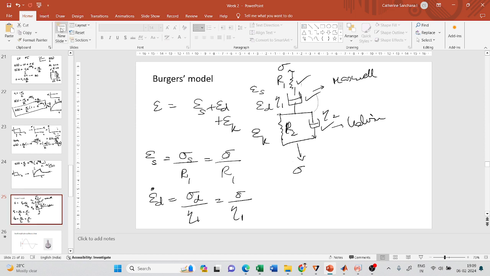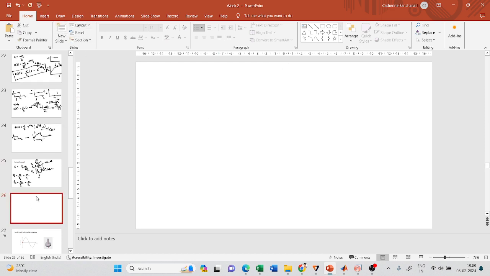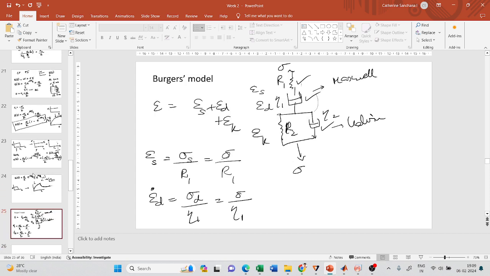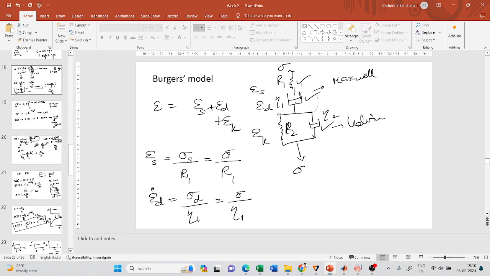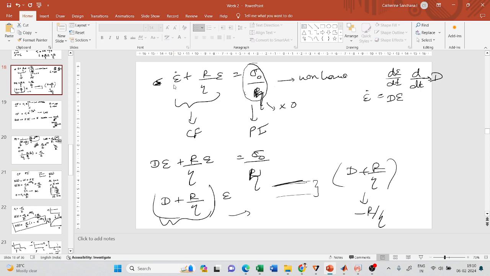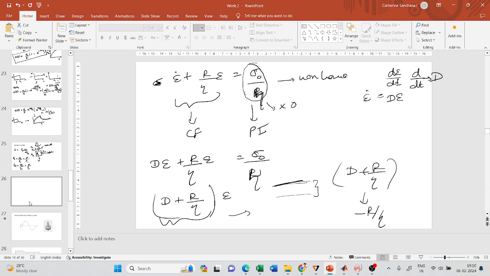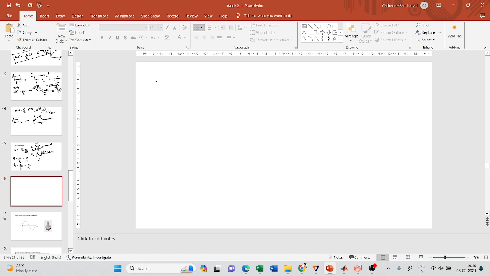And now, the Kelvin model. We already know the constitutive equation for the Kelvin model, so we will write it as it is. So what is the constitutive equation for a Kelvin model? Let us go back and take it from here. It is epsilon dot plus R by eta into epsilon is equal to sigma divided by eta, right?